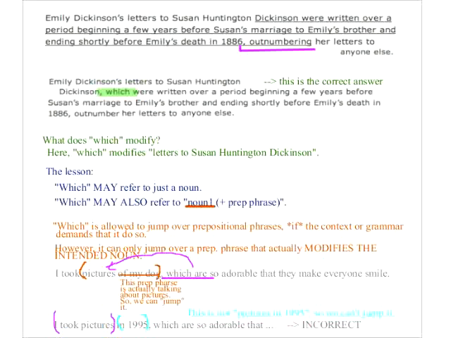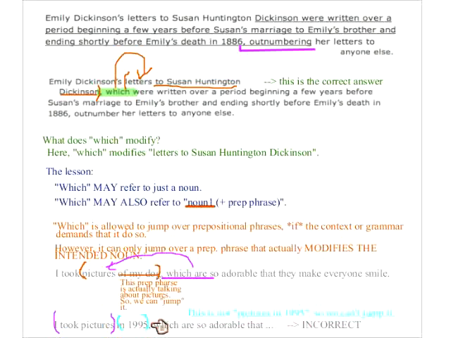So what's going on here, this is legit because letters to Susan Huntington Dickinson is actually a noun with a prepositional phrase that modifies it. So this really is letters to this person, so which is allowed to jump that prepositional phrase and talk about letters. On the other hand, if it's a genuinely different prepositional phrase, like this, I took pictures in 1995, not okay.